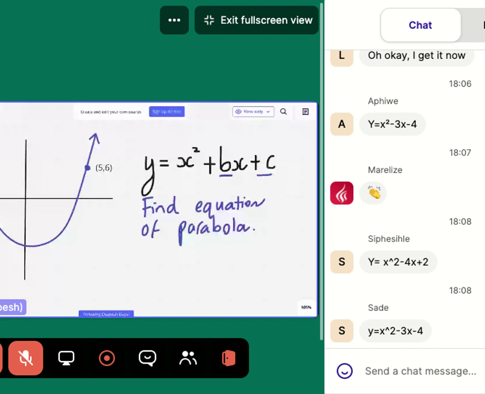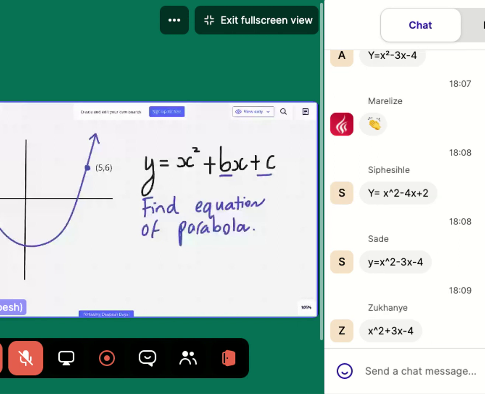Well done on that answer, but we're going to check since we have 2 answers now. Ooh, Zukanye, now we've got three different answers. Please make sure you check your answer. You're welcome to type a different answer if you've checked it and you find that something's different. Zukanye, have you typed your answer correctly?